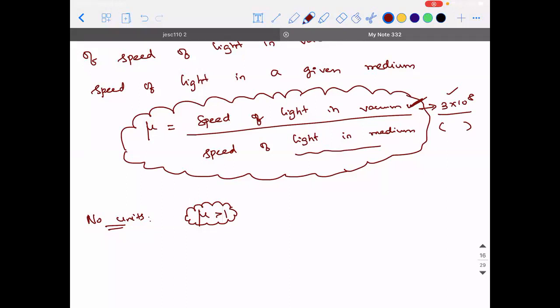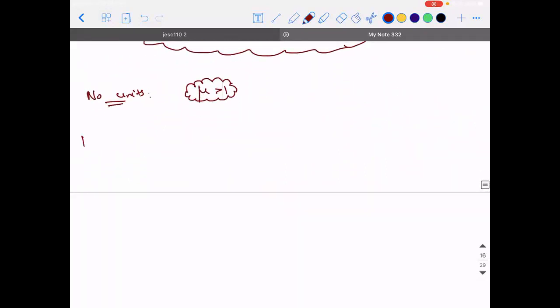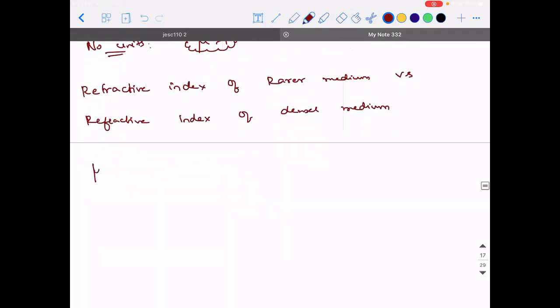Okay, now I'll proceed. Now listen to this, guys. Refractive index of rarer medium versus refractive index of denser medium. Let's say mu r is the refractive index of rarer medium.